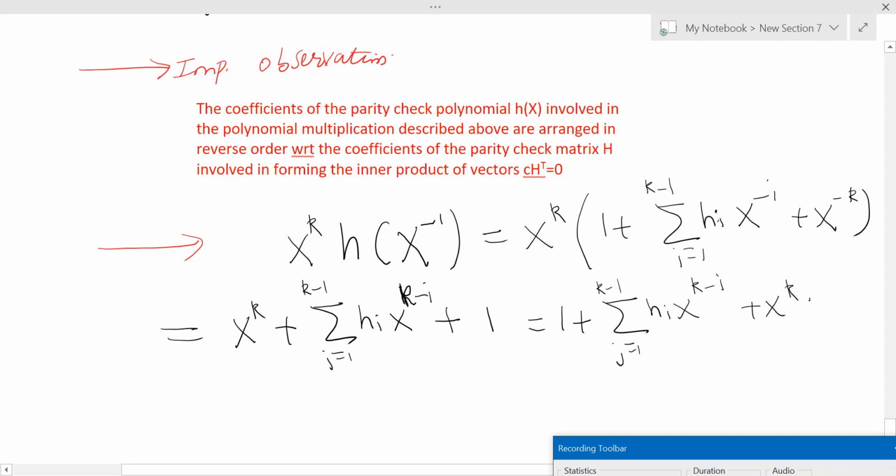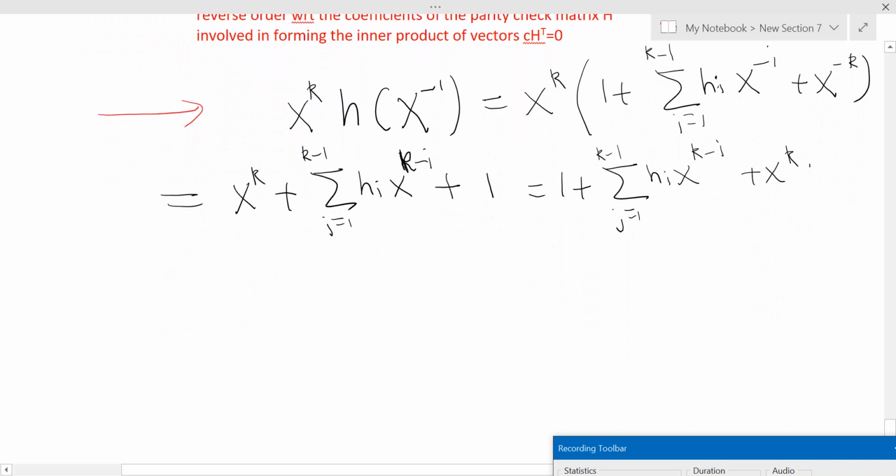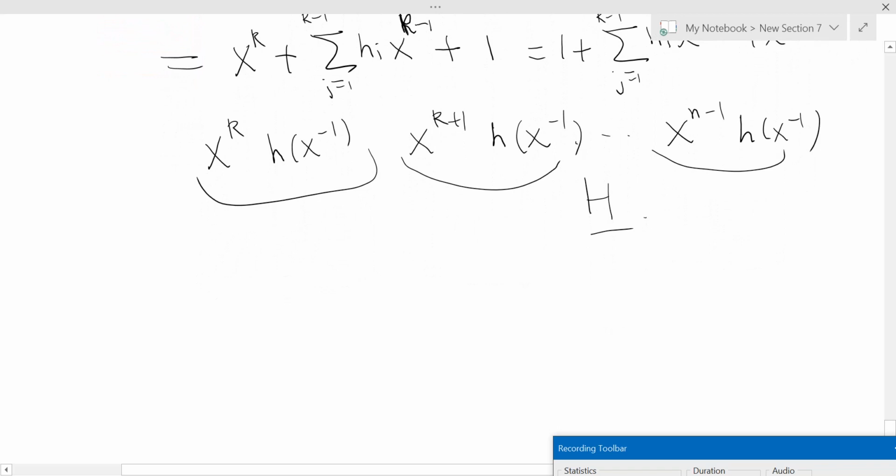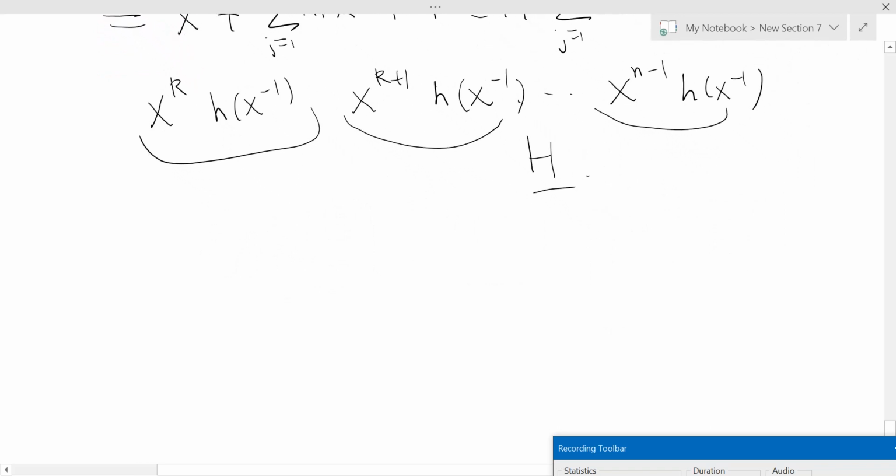Now what should we do? We first have x to the power k h of x inverse, then write x to the power k plus 1 h of x inverse and x to the power n minus 1 h of x inverse. And these rows of the coefficients of these polynomials can be used to get the parity check matrix. Just hold on, when we do one example, it will become clearer what it means.